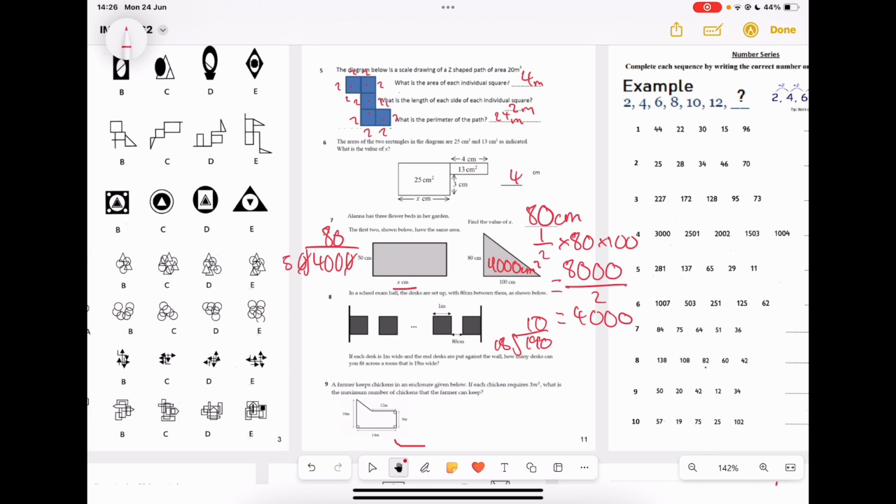So that's 10. But then that's going to be the length of the number of tables plus the 80 centimeter gap.